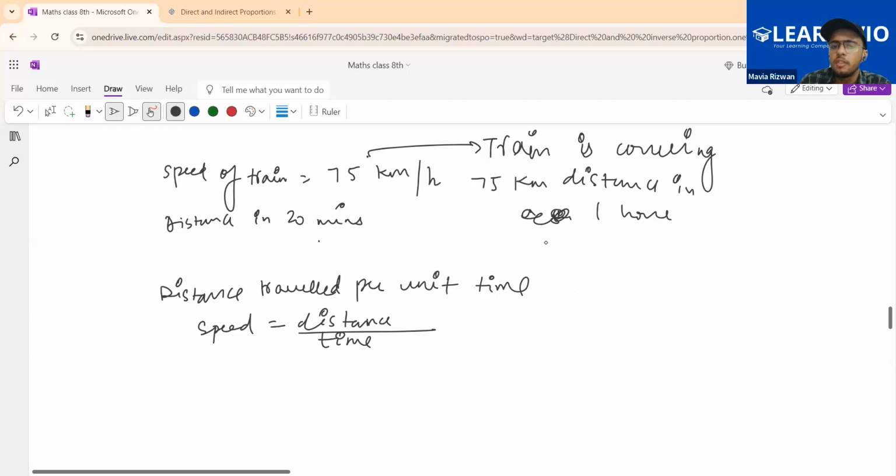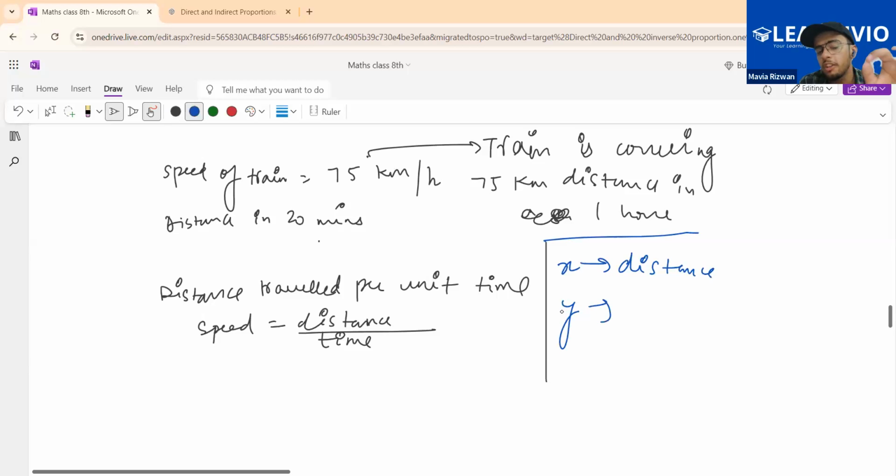Now we'll be taking two quantities again. So first is distance. So x will be the distance and y will be the time. Okay, we won't take speed as x or y. Okay, why is that? Because we are only given the speed, and speed is distance covered per unit time. So that means that 75 kilometers of distance was covered in 1 hour.